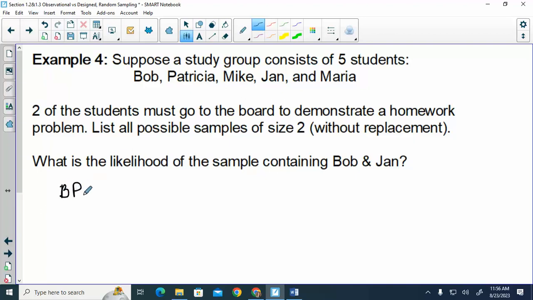Can I just abbreviate? Bob and Patricia, or Bob and Mike, or Bob and Jan, or Bob and Maria. Is there any other group that involves Bob? No. Okay, so tell me the next group. Patricia and Mike.